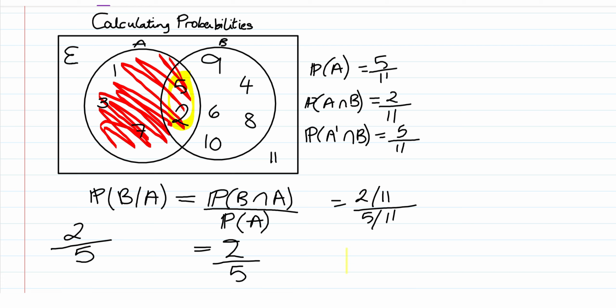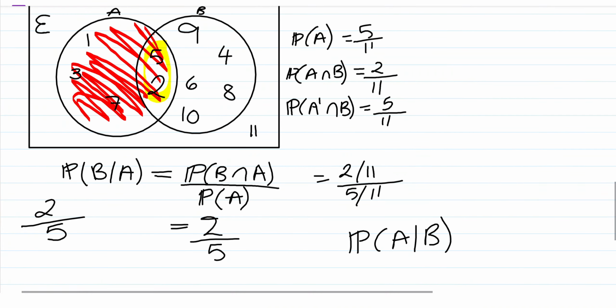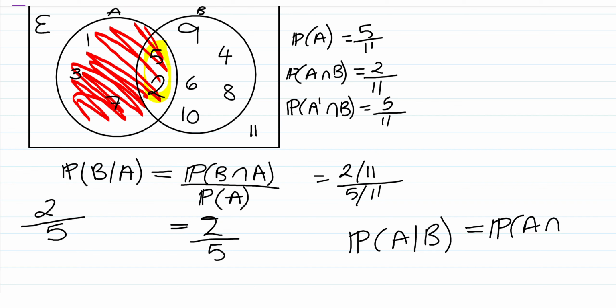Similarly, the formula for the probability of A given we're in B is the probability of A and B divided by the probability of B. And this is a good little formula to note when calculating conditional probabilities.